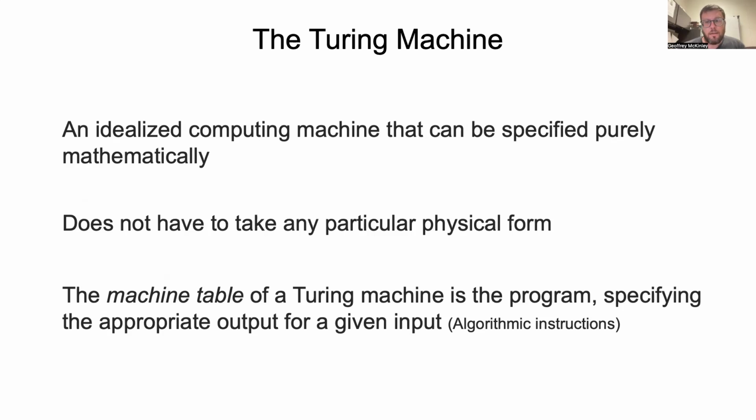And the machine table is like the algorithmic instructions, the instructions for how to get from the input to the output. And this was essentially a machine that would mechanize reasoning in a way that did not require any insight, ingenuity, or intuition, because the steps of the algorithm could be followed blindly.